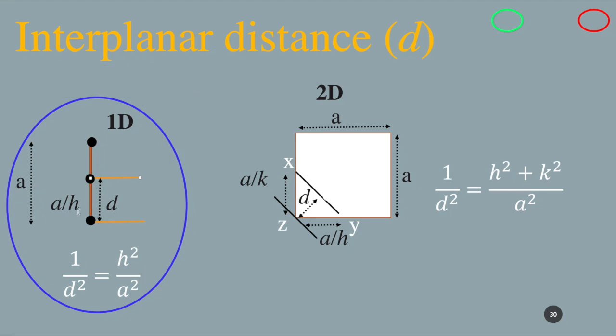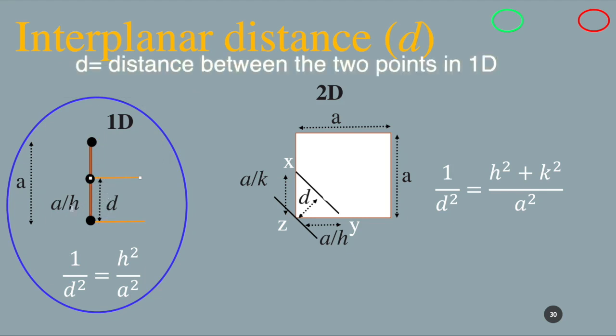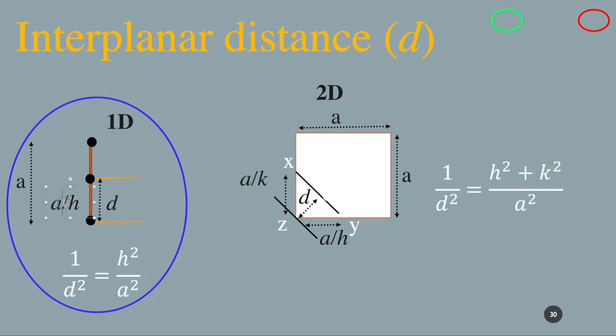So obviously this is the distance between the two planes, and it can also be written in terms of Miller indices, which is A divided by h. H is the component of this plane. So in that case, we have this relation: 1 by the d spacing square is equal to Miller indices square divided by the length of the one unit square.